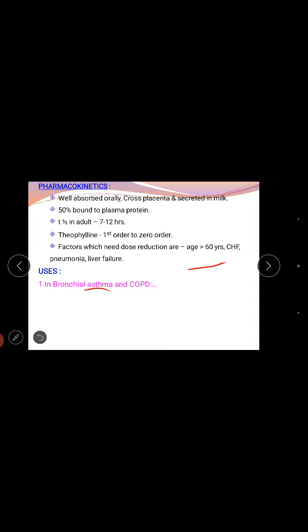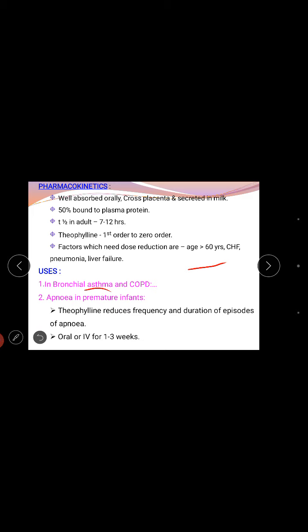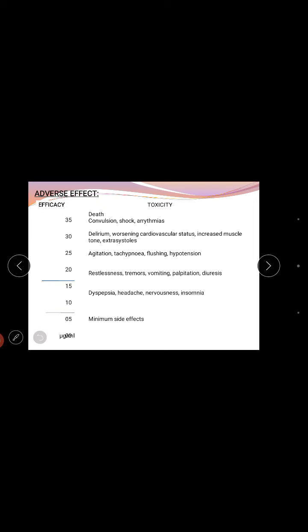Uses: bronchial asthma, chronic obstructive pulmonary disease. Apnea, a cessation of breathing in premature infants: theophylline reduces frequency and duration of episodes of apnea, given by oral or intravenous route for 1 to 3 weeks. As I told, it has a narrow therapeutic range.